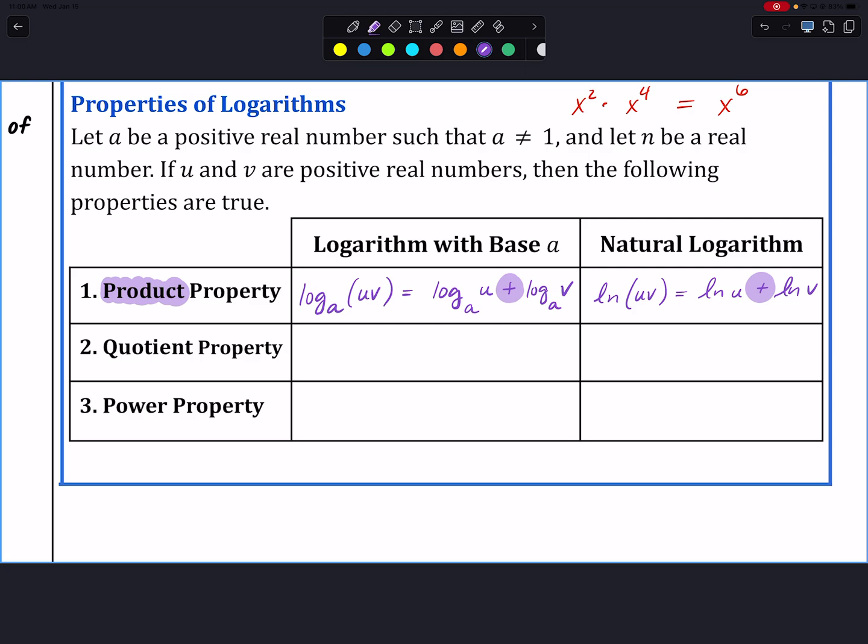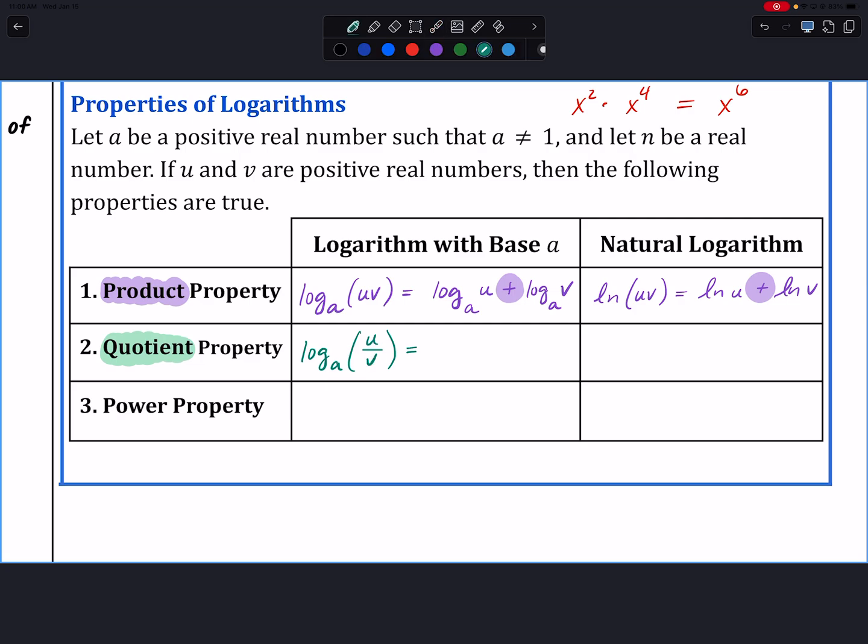All right, so now that you guys know that, let's see if this makes sense to you guys. Quotient means division, okay? So the log base A of u divided by v, what's your prediction that we do? Subtraction, good. Subtraction order matters.